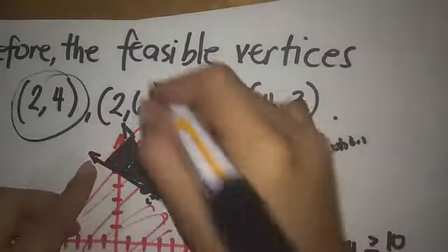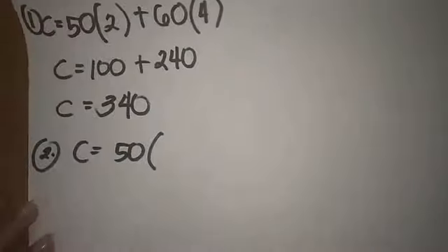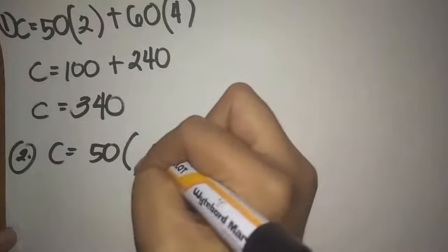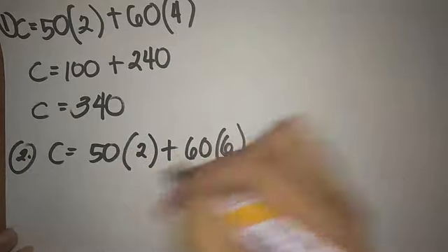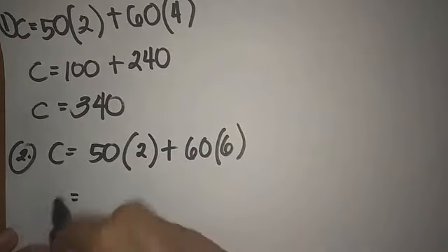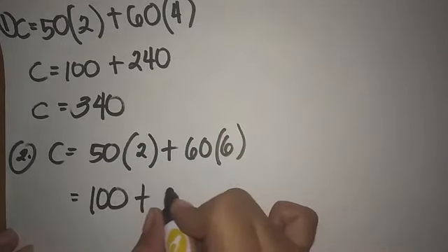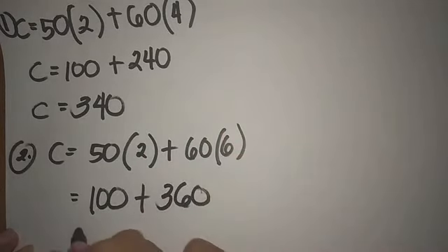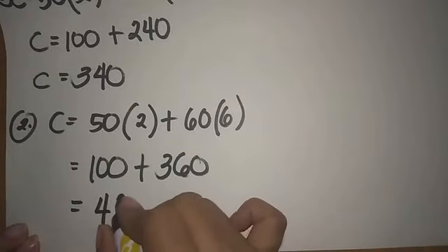Next, the second one: C is equal to 50 multiplied by, the next vertex, 2 and 6. The x is 2 and the y is 6. So, we have 50 times 2 plus 60 times 6. 50 times 2 is 100, plus 60 times 6 is 360. So, 100 plus 360 is 460.